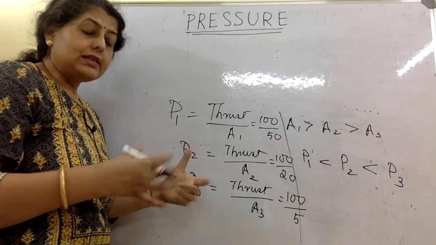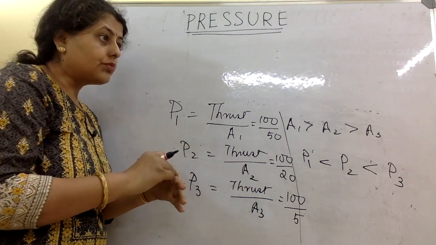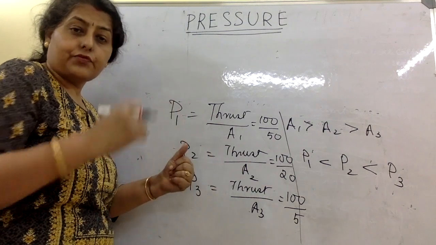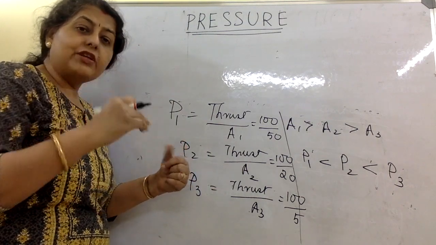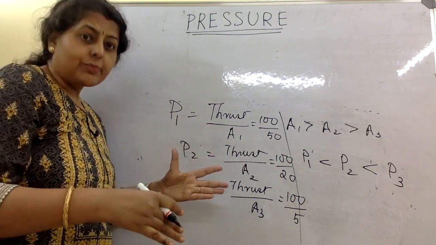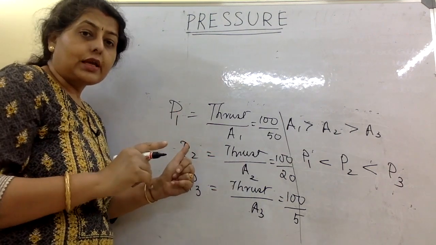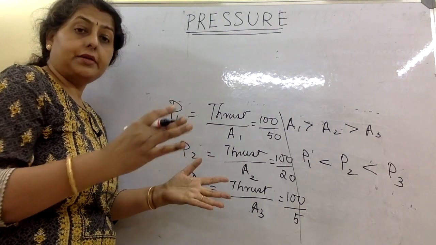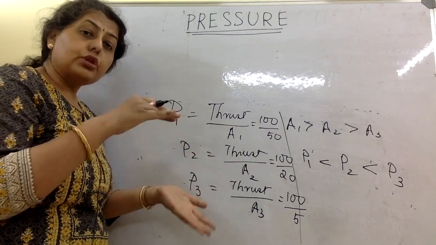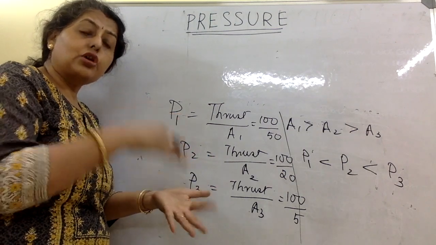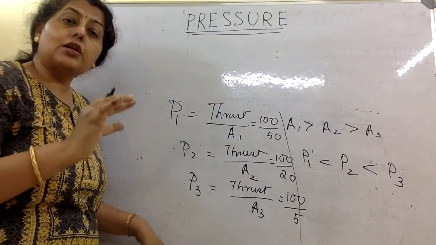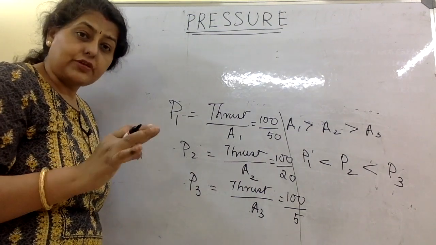That is why parents instruct, don't stand on the sofa, sit on the sofa. Naturally when you are sitting on the sofa, you are not giving so much pressure because the area of contact is more. And they tell you don't jump on the bed, because if you are jumping on the bed, you are giving it a lot of pressure, because the area of contact is only the area of your two feet.